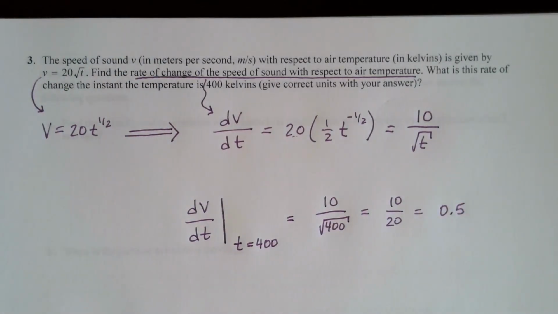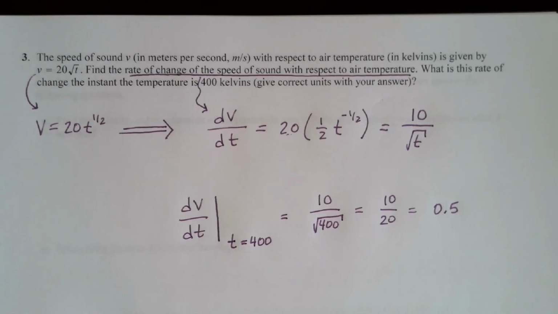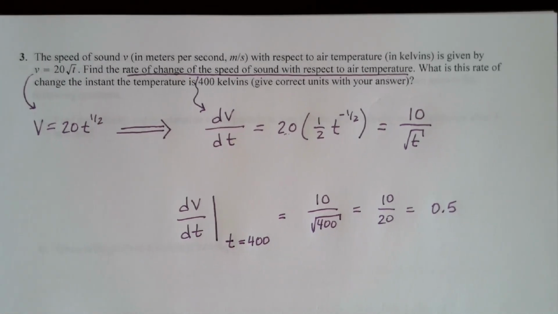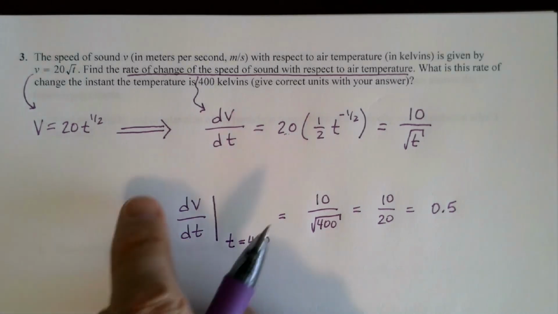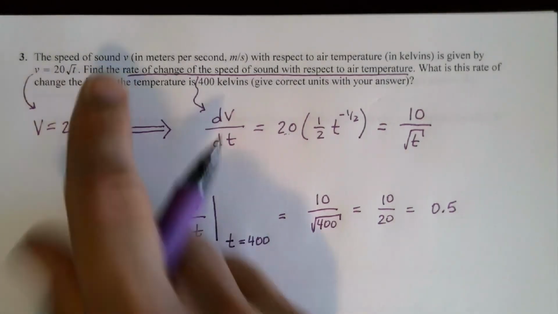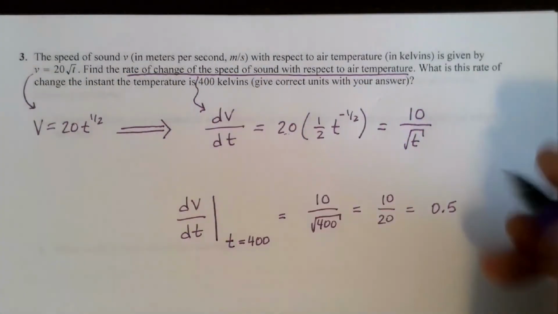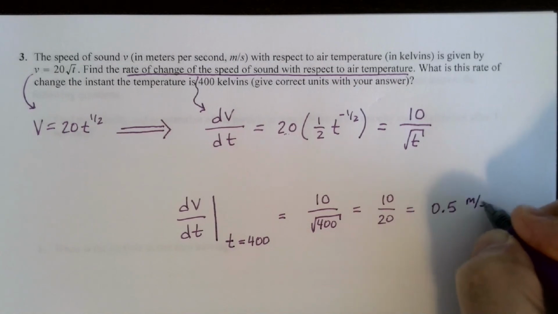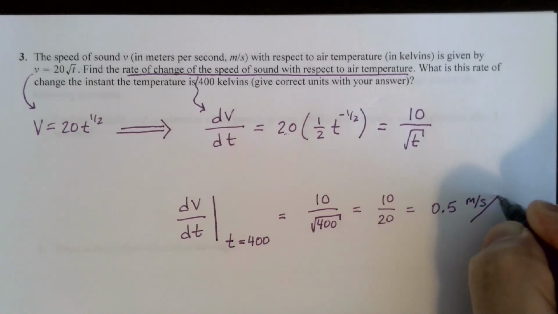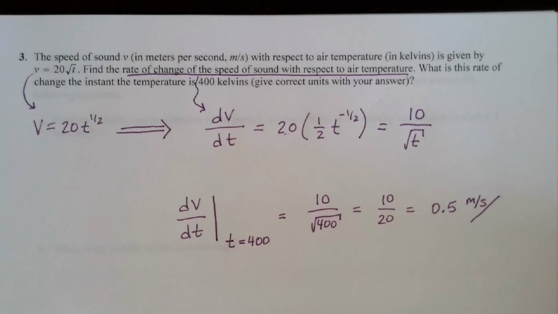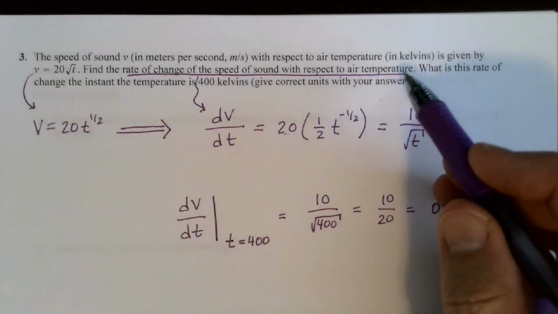What is the rate of change of the speed of sound with respect to air temperature? Well, there are the units here. It's dependent variable units per independent variable units. The dependent variable, the output of the function, is what? The speed of sound, right? And what are the units there? Meters per second. Per what? The independent variable is T, which is the temperature in what?